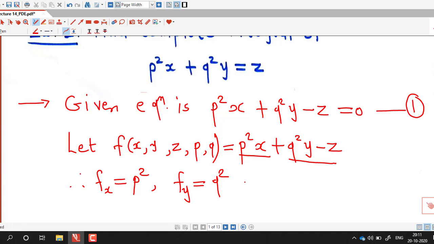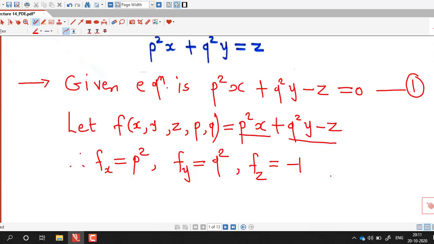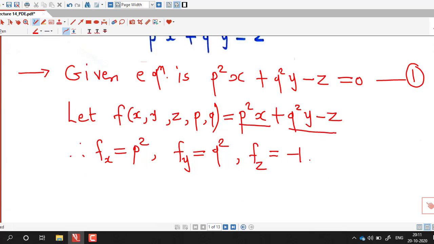Partial derivative with respect to z is minus 1. Partial derivative with respect to p: here x is constant and the derivative of p square is 2p, so it is 2px. And the partial derivative with respect to q is 2qy.